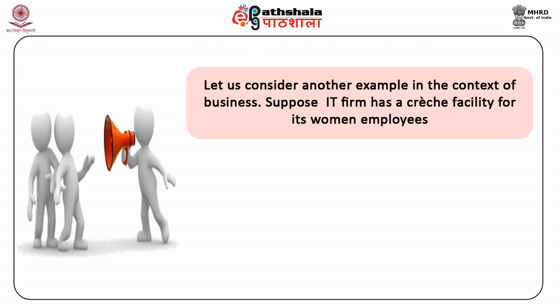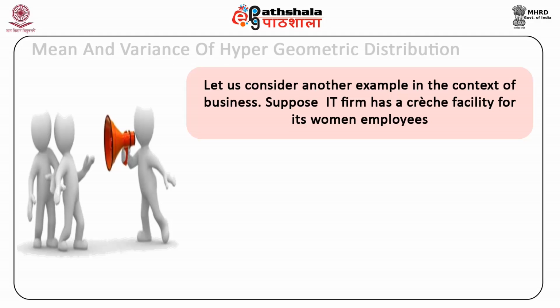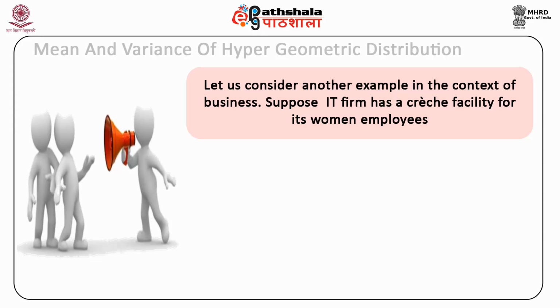Let us consider another example in the context of business. Suppose an IT firm has a crèche facility for its women employees who have children in the age group of 3 months to 3 years within the office premises. It wants to constitute a group of employees to oversee the crèche functioning, and it wants the group to be of 5 employees with a majority of women in it.